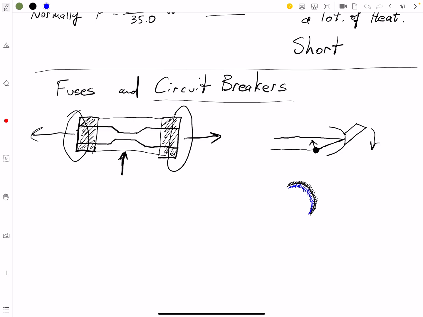And because they have different coefficients of elasticity and all the other stuff, and temperature dependence, as they heat up, one will bend more than the other. So this blue one wants to bend more than the black one, and it'll pull the switch away. In fact, let's change our arrow to be an away from.